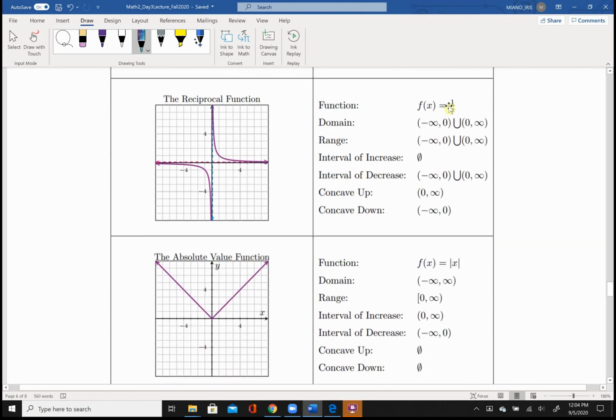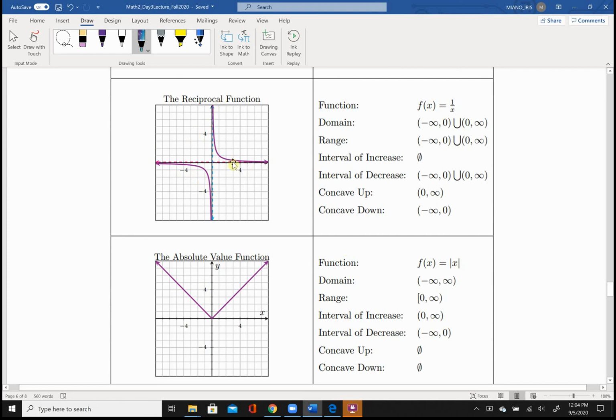The reciprocal function, 1 over x. Okay, the interesting thing about this one is that we have these two dashed lines as a part of the representation, and that is to show you the asymptotes. There's a horizontal and a vertical asymptote at the x and y axes respectively.